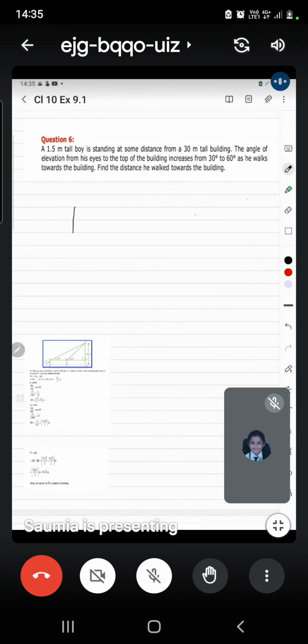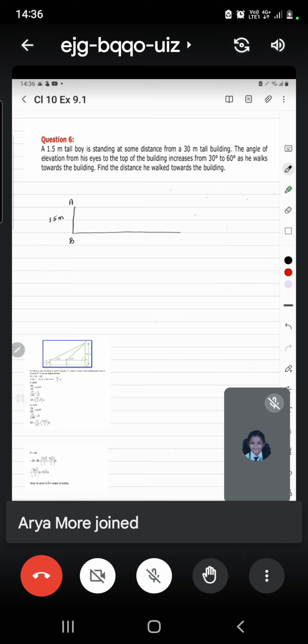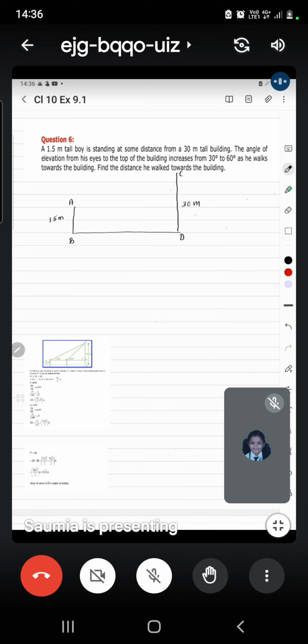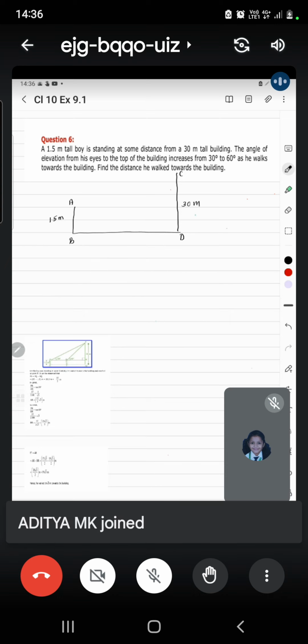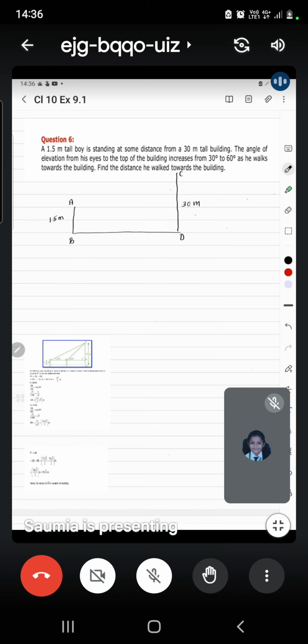This is a 1.5-meter tall boy. Let's say AB is the tall boy. This boy AB is standing at some distance from a 30-meter tall building. This is the meaning of the first sentence. A 1.5-meter tall boy is standing at some distance from a 30-meter tall building.